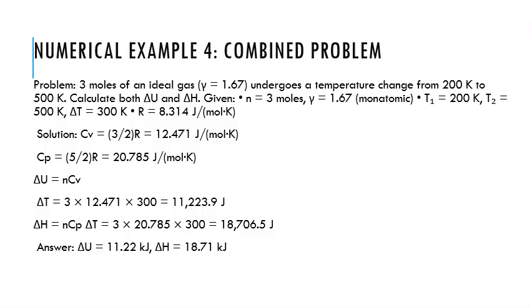You get delta U is equal to 11.22 kilojoule and delta H is equal to 18.71 kilojoule. This highlights how energy changes differ depending on whether the process holds volume or pressure constant.